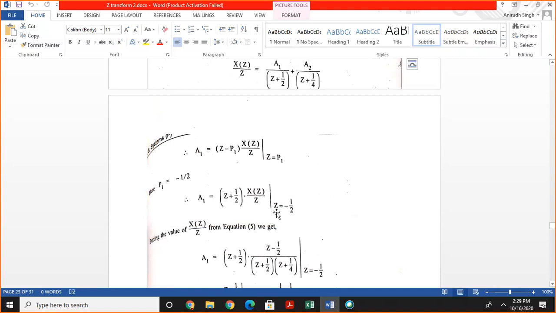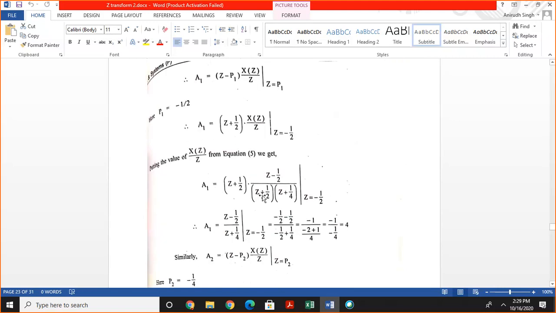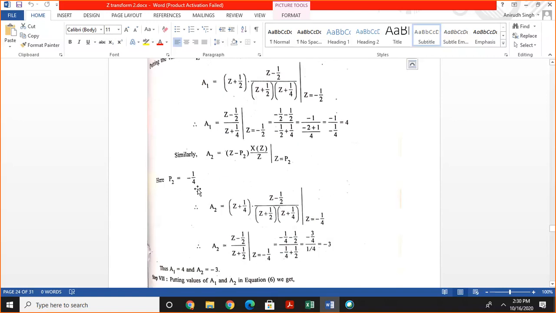Then we write this in partial fraction form: A1 divided by z plus half plus A2 divided by z plus 1 by 4, and calculate A1 is equal to z plus half multiplied by X of z divided by z, and calculate the value of A1 when z is minus half.